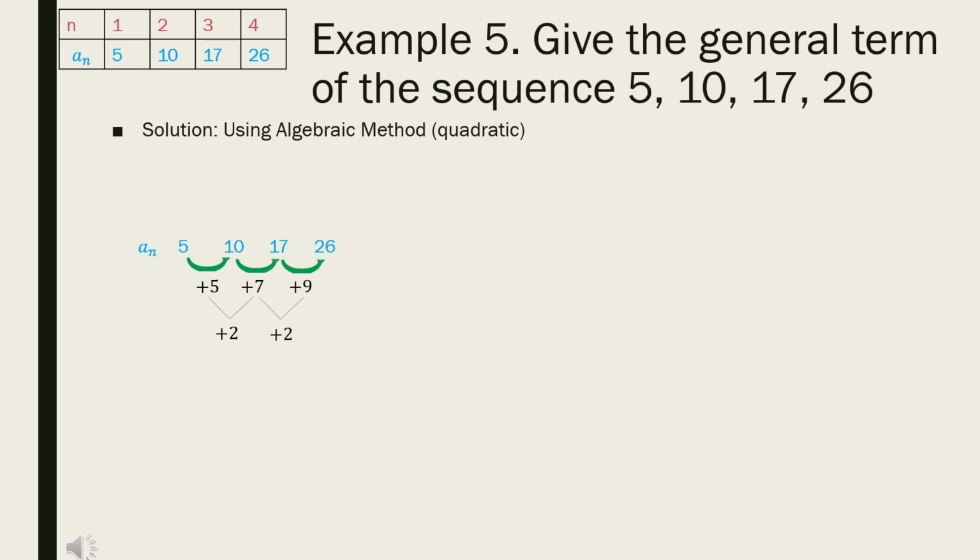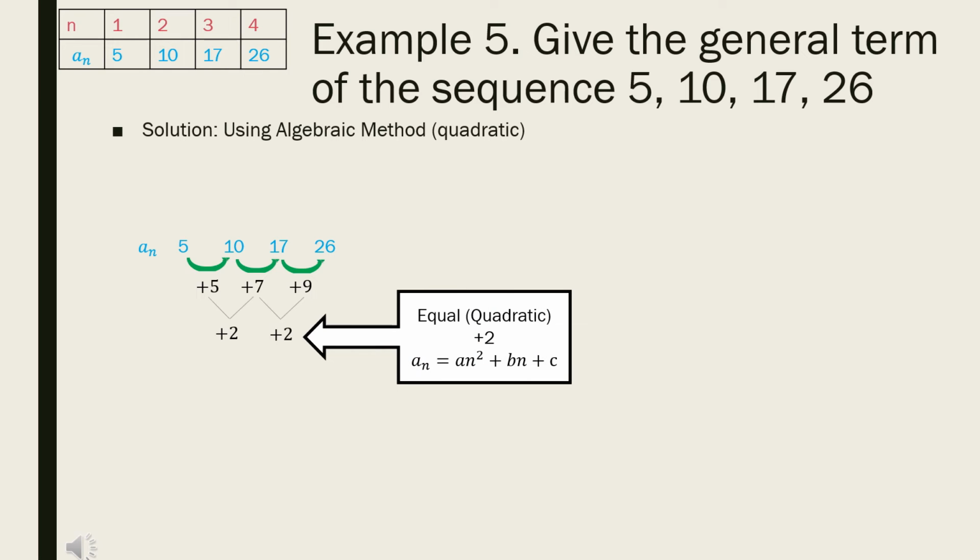In other words, we can use the quadratic format, a sub n is equal to an squared plus bn plus c. The same as with linear, we select pairs from n and a sub n to create equations. But this time for quadratic, we will select 3 pairs and create 3 different equations.